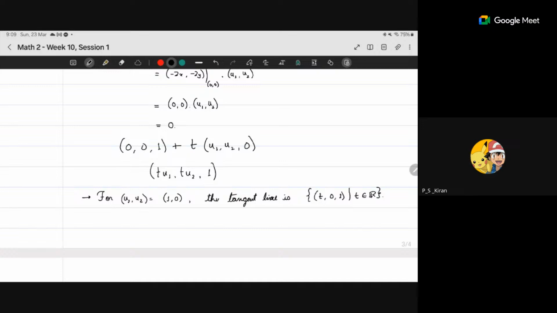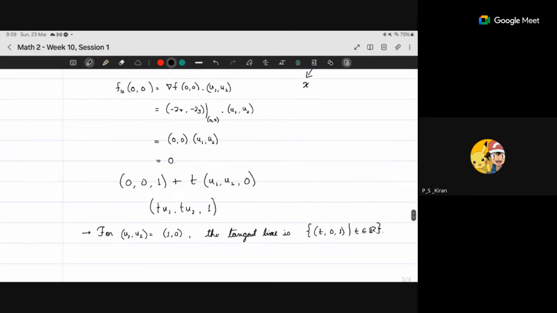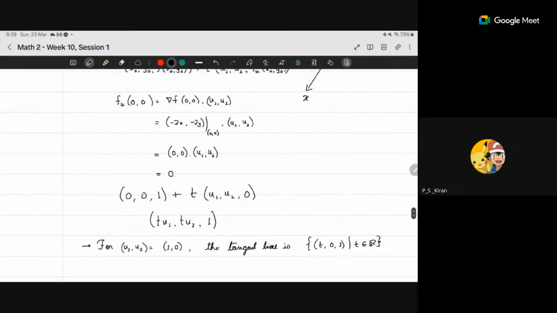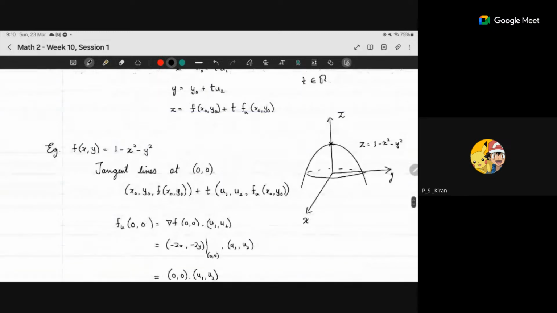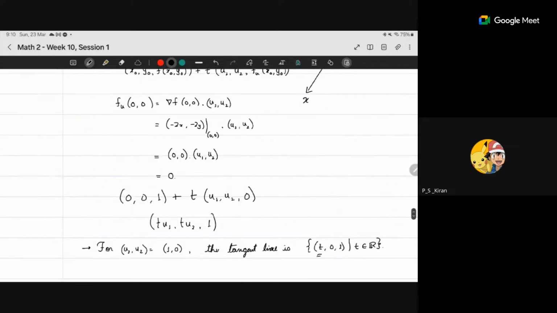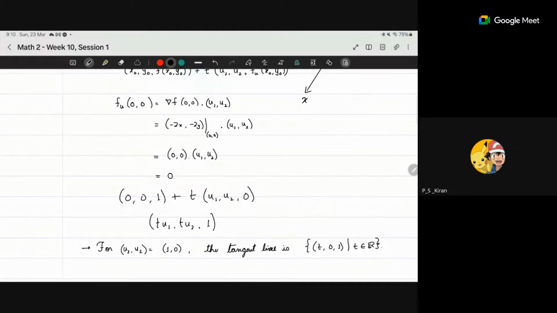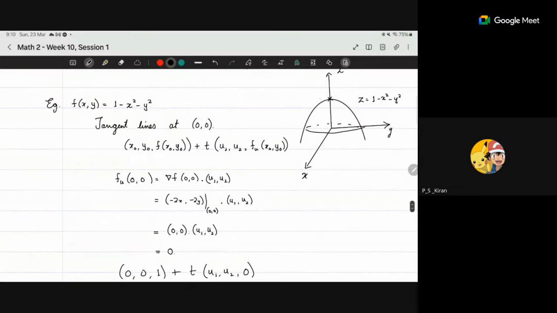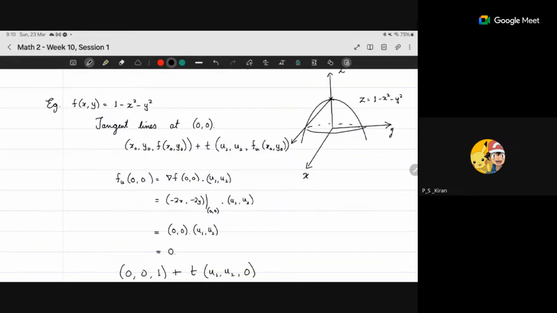It has to have as many points as there are reals. So the tangent line is t, 0, 1. What does the line t, 0, 1 look like? The y value is always 0. The x value is varying. The z value is always 1. So it's a line like this. You see, it's parallel to the x axis.